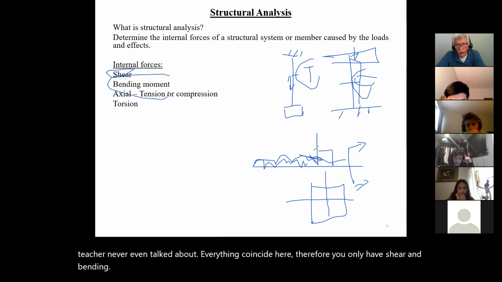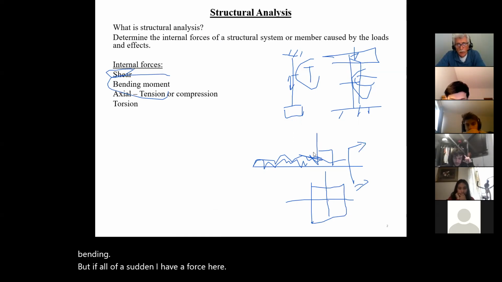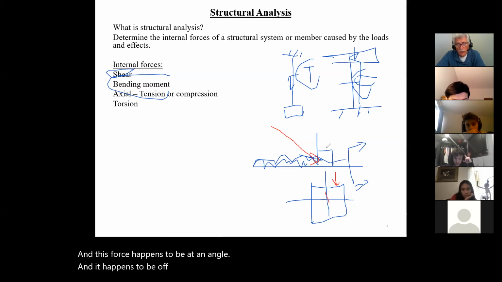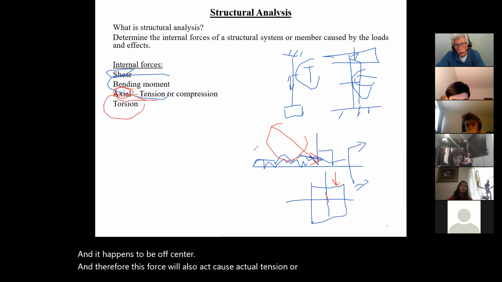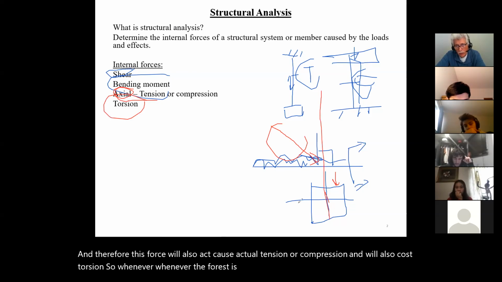But if all of a sudden I have a force here, and this force happens to be at an angle, and it happens to be off center, then this force will also cause axial tension or compression, and will also cause torsion. So whenever the force does not coincide with the centroid of the beam, it will cause torsion.